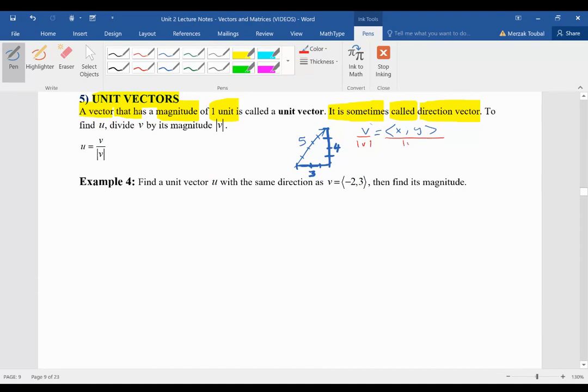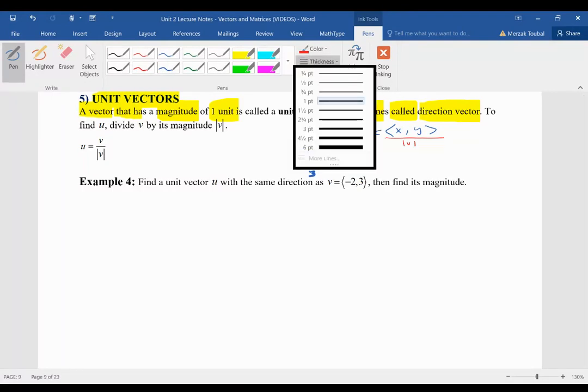So I divide that also by the magnitude of v. This applies to this figure over here. So because I divided this vector by 5, I should also divide the horizontal component by 5. So 3 divided by 5, and then the vertical component also by 5. So 4 divided by 5.